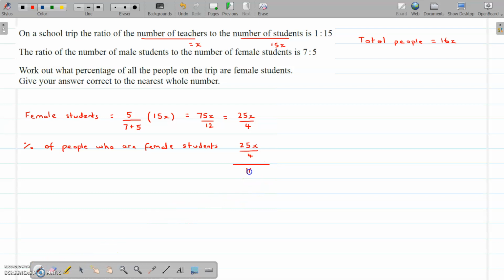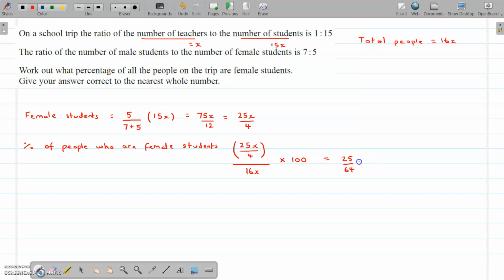So it's a fraction within a fraction, I'm going to put a bracket around that at the top to make it a bit clearer, and that fraction has to be times by 100 to turn it into a percentage. Now the x's cancel, because 25x on the top, you're dividing the whole thing by 16x, so that simplifies to give you 25 over 64, because dividing by 4 and then by 16 is like dividing by 64. So it's 25 over 64 times 100.